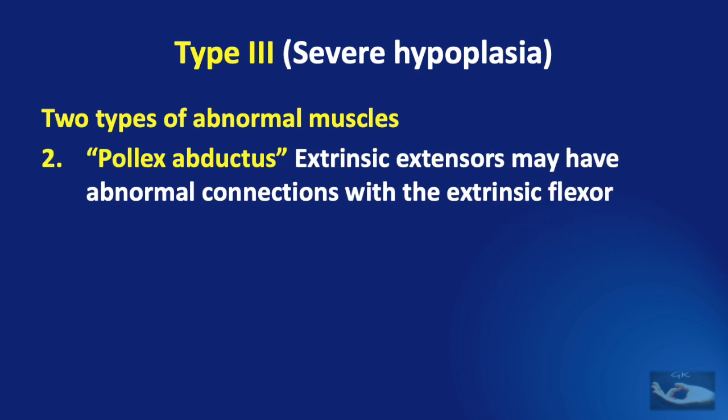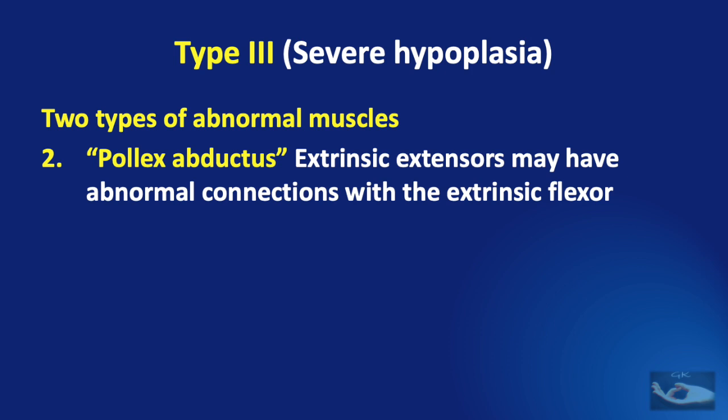The extrinsic extensors may have abnormal connections with the extrinsic flexor. So both the flexors and extensors now act as radial deviators at the interphalangeal and metacarpophalangeal joints, helped by the lax ulnar collateral ligament of the metacarpophalangeal joint.